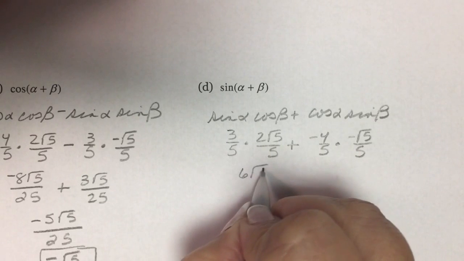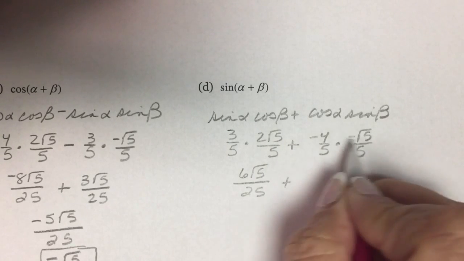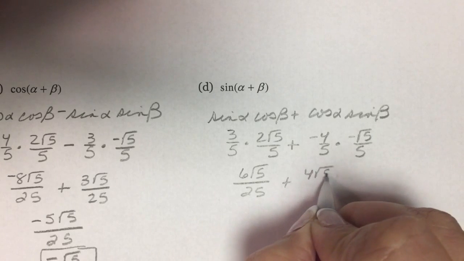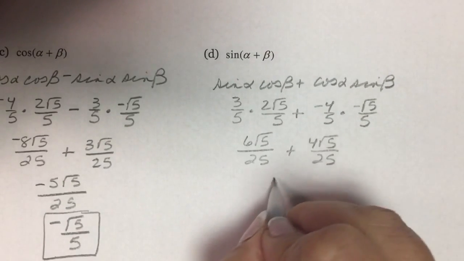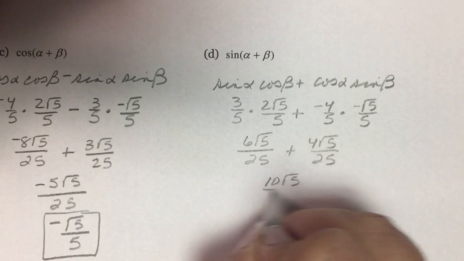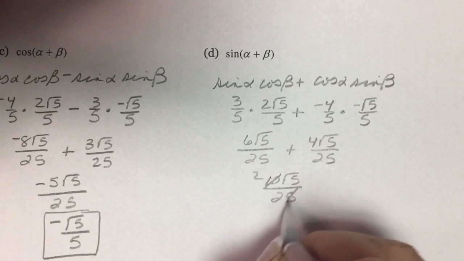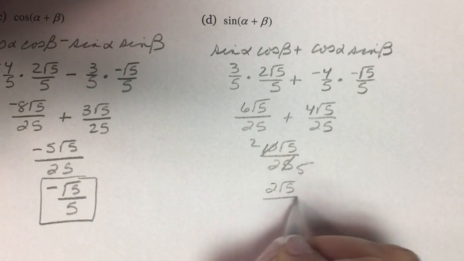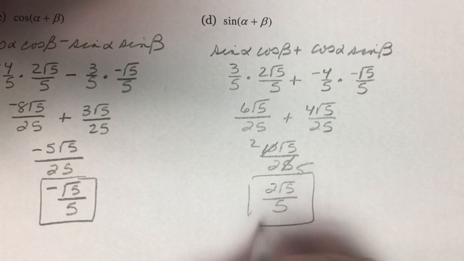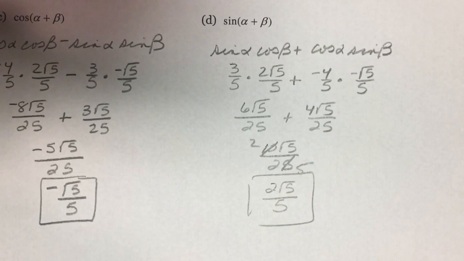So this would be 6 root 5 over 25 plus positive 4 root 5 over 25. Adding them, you get 10 root 5 over 25. I can cancel a 5 out of there, and I'm going to get 2 root 5 over 5. And there you go.